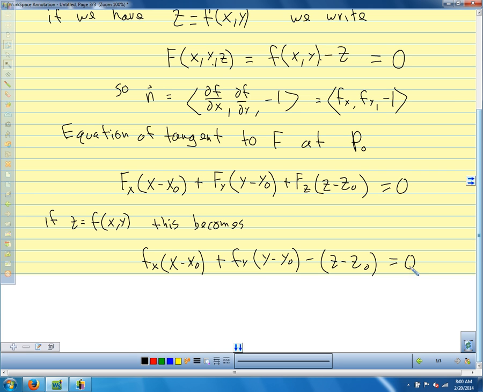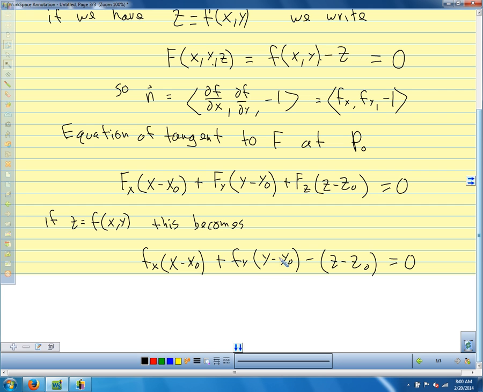So these are going to be our equations for our tangent plane to the surface, depending on how our surface is expressed. A nice compact way of writing the equation of our tangent plane.